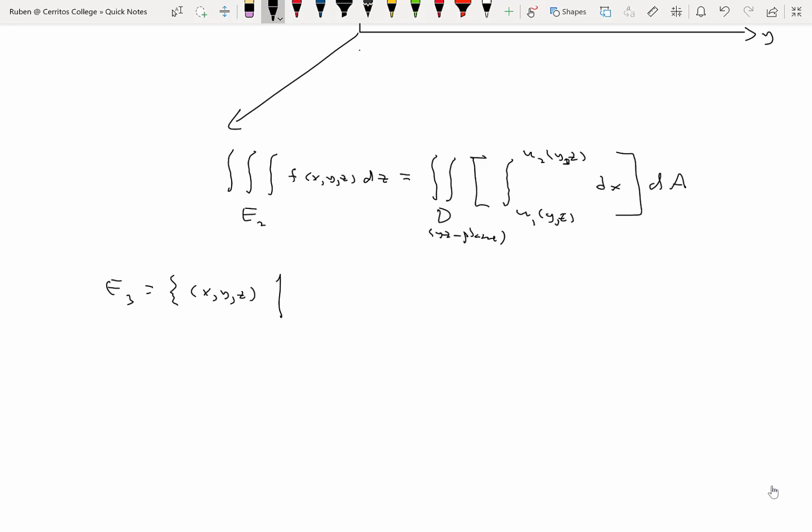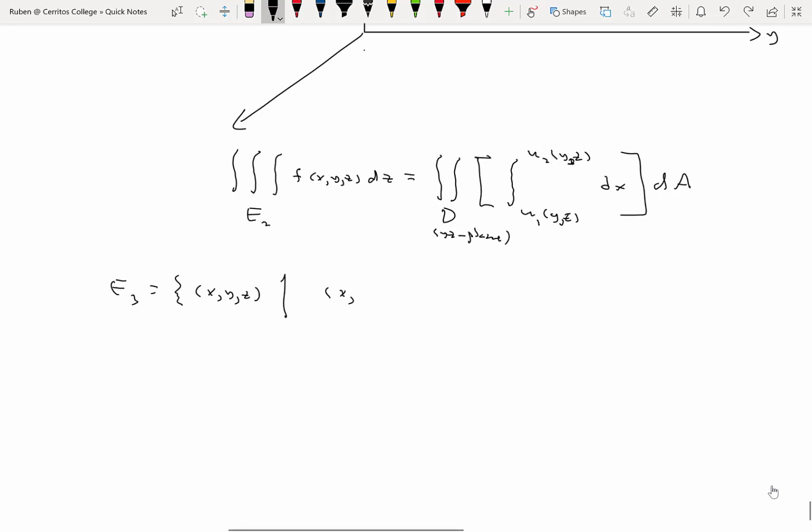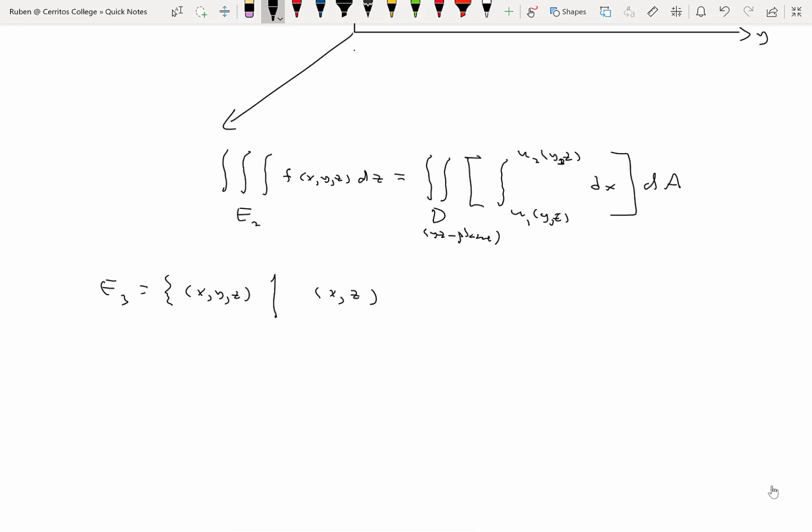If you have a surface on the left and a surface on the right, that surface will have a projection in some domain in the xz plane.